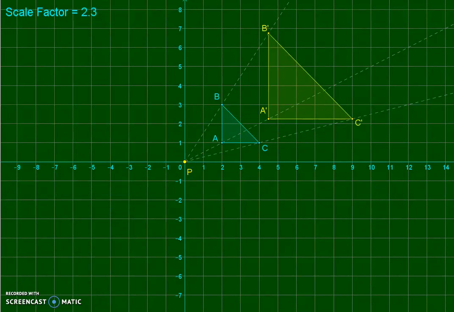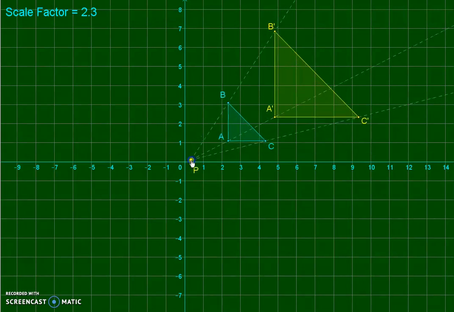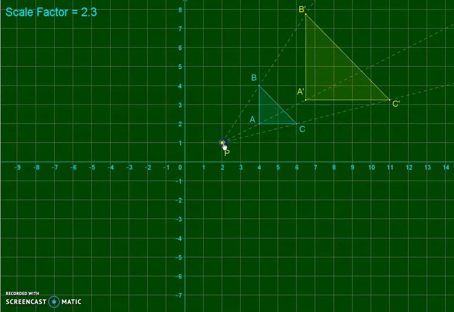Now, in addition to all this, we won't always dilate with respect to the origin. If we have a center of dilation that's different than the origin, the dilated values move with respect to that center of dilation, not with respect to the origin.